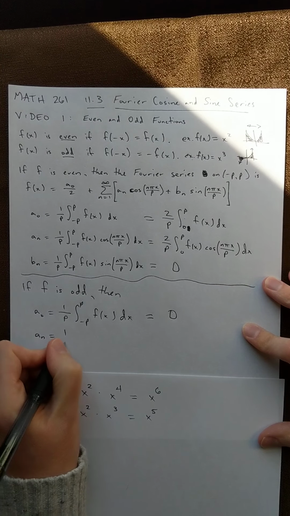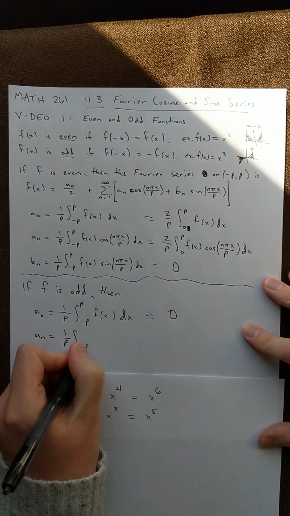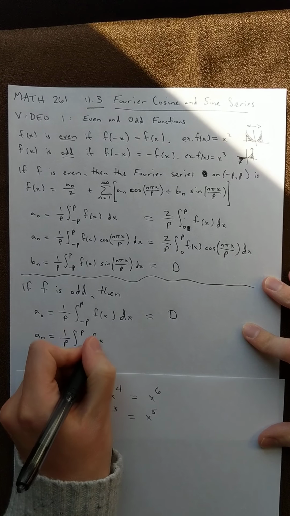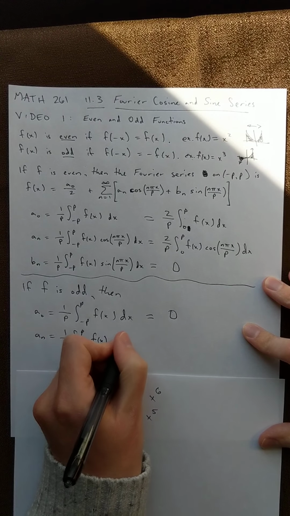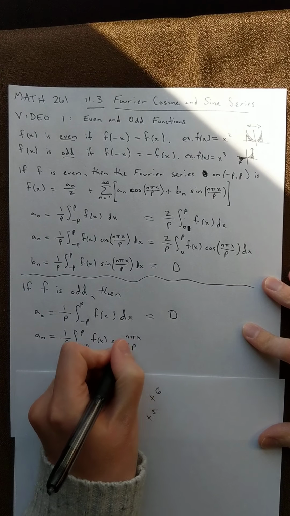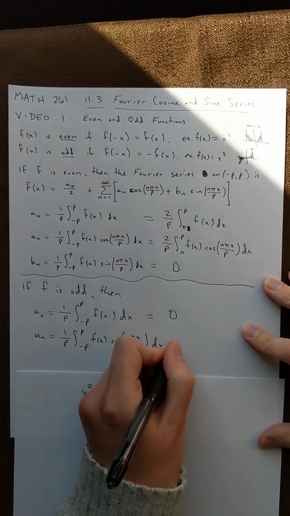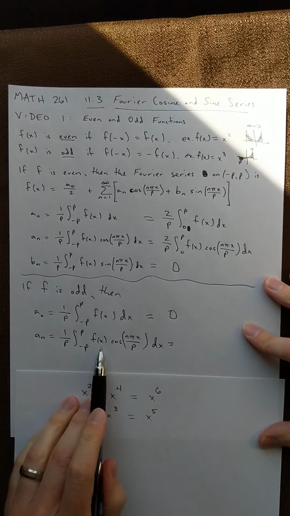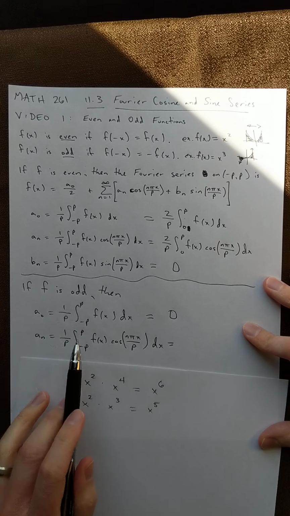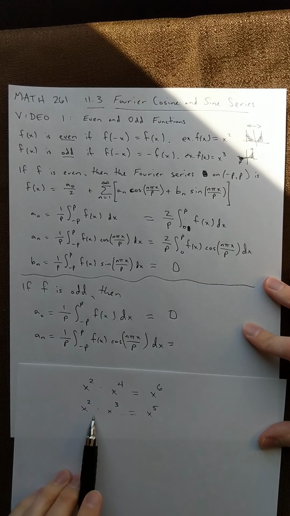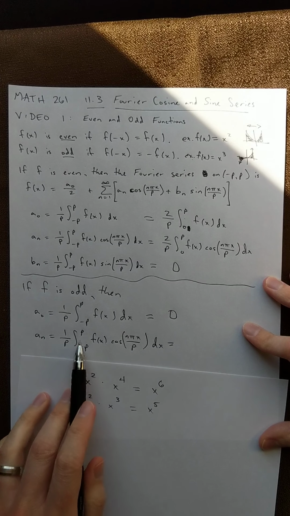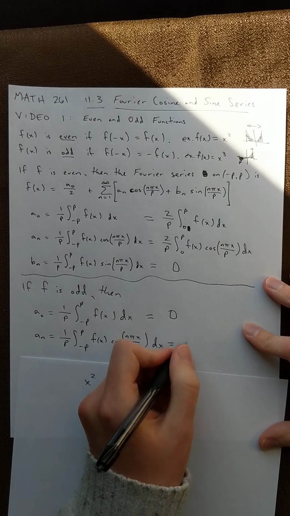A sub n would be 1 over p, integral from -p to p, f of x times cosine n pi x over p. Again, this is an odd function times an even function. Odd times even should be odd, and an integral of an odd function would spit out a 0.